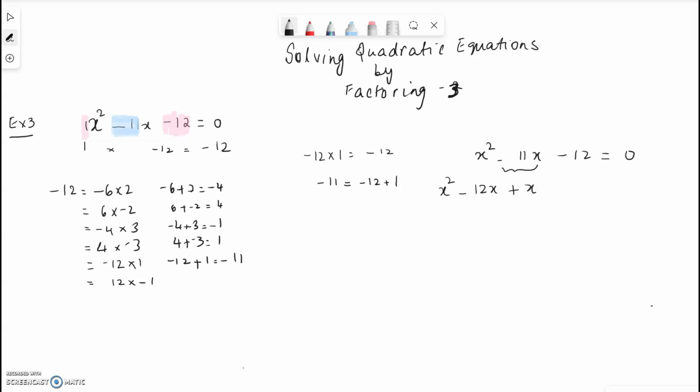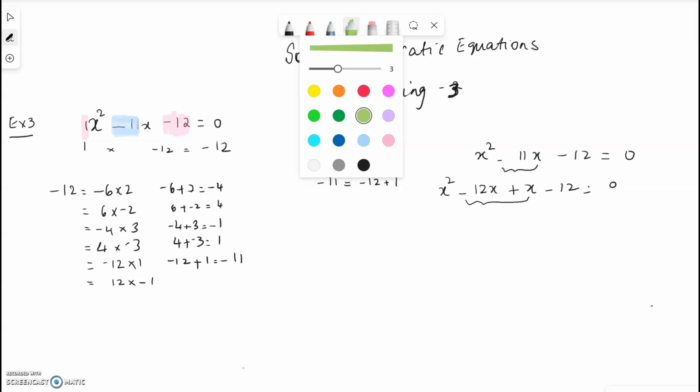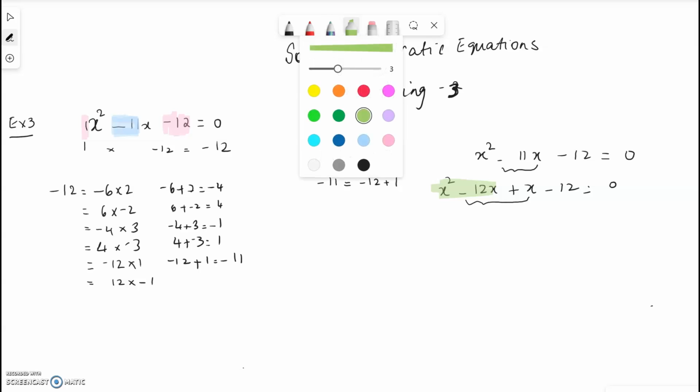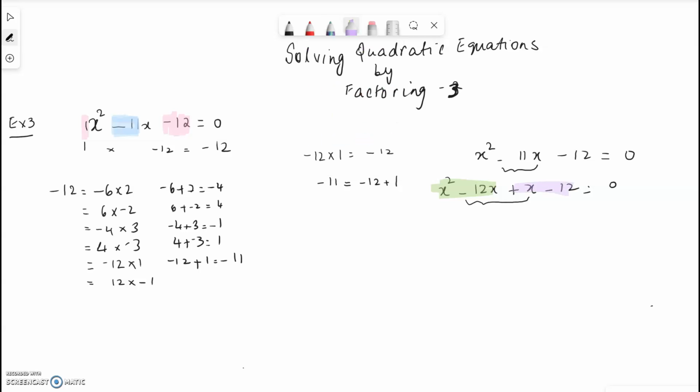If negative 12 and 1 add up to negative 11, negative 12x plus 1x will add up to negative 11x, minus 12 equals 0. Now, if we've done this right, we should be able to factor this expression by grouping. And we group the first two terms and we group the next two terms. So that's how the factoring by grouping works.